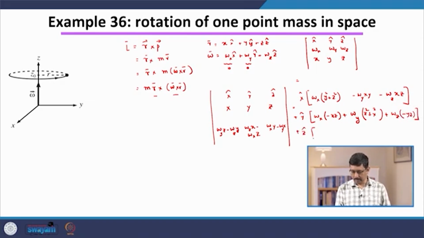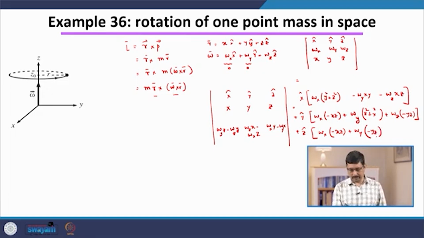And similarly, for the z component we have omega x, which gives me this times this, x z minus x z, then omega y is coming in this term, so this is minus y z, and finally, omega z has two contributions, one coming from x square and the other coming from y square.